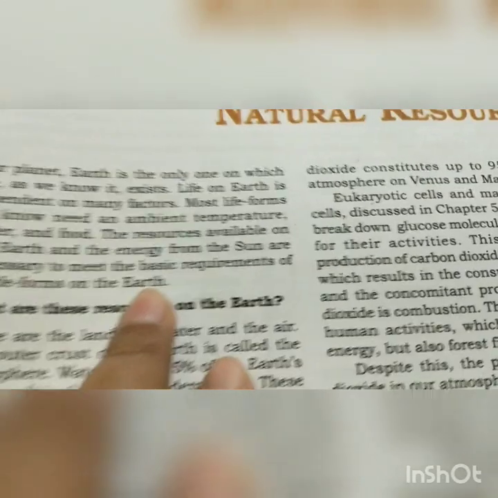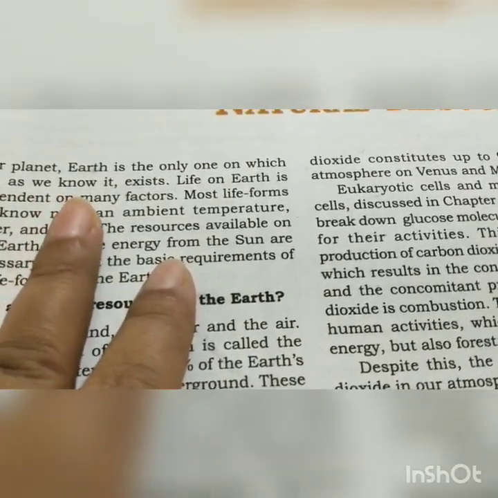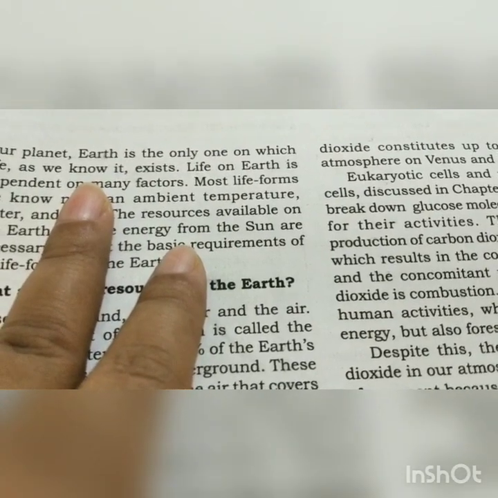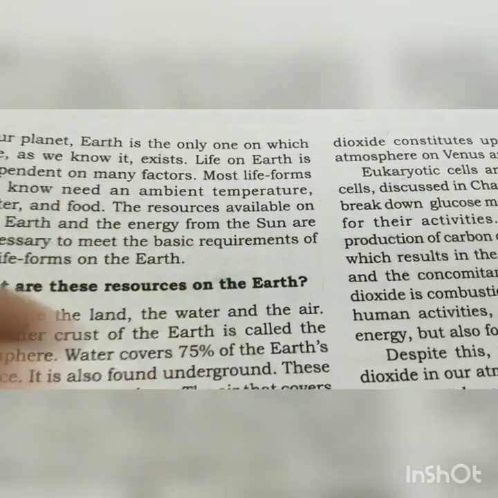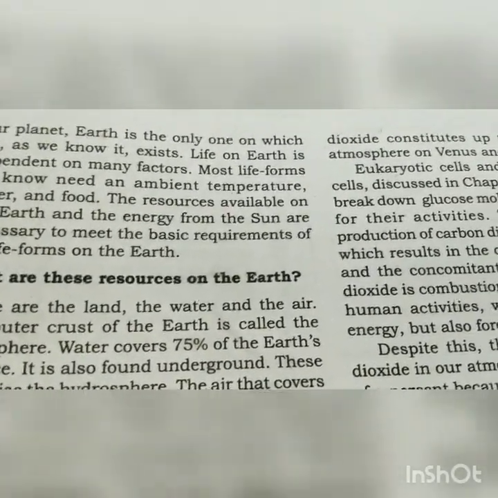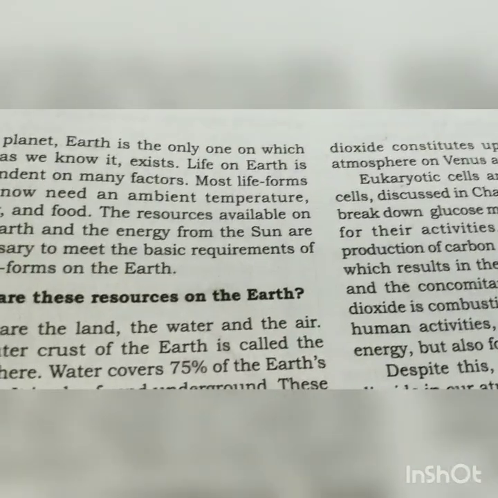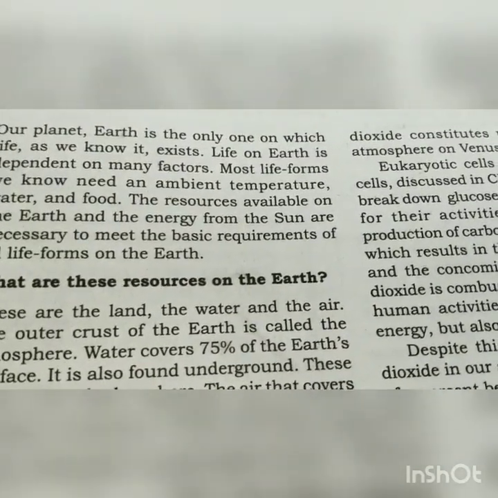So, as you know, students, our planet Earth is the only planet where life is possible. The life on the Earth is dependent on many factors like suitable temperature, water, and food.